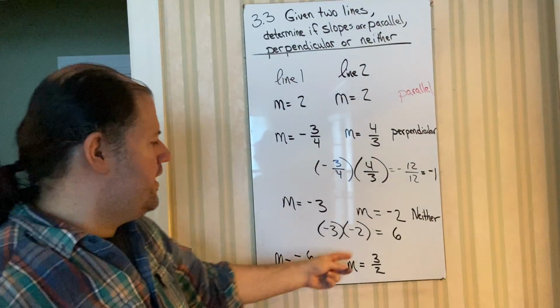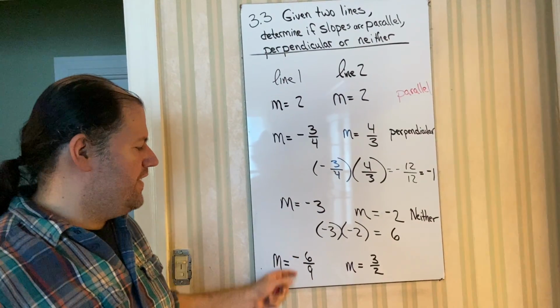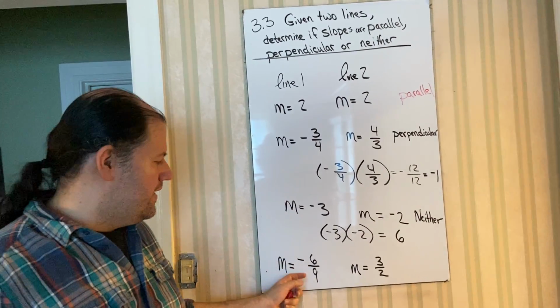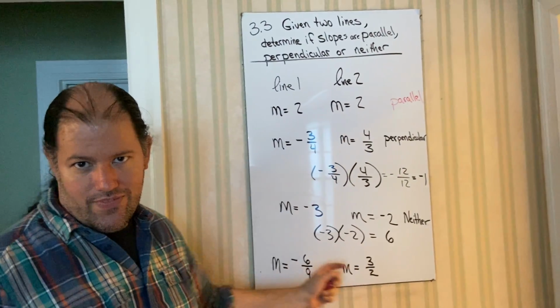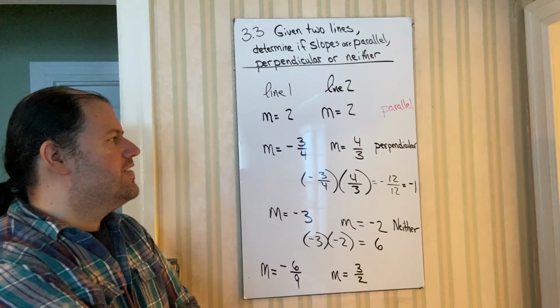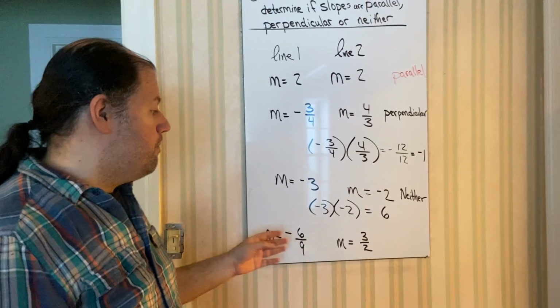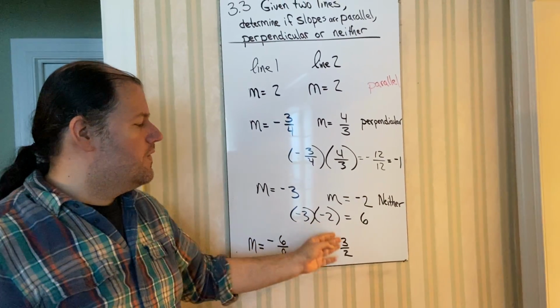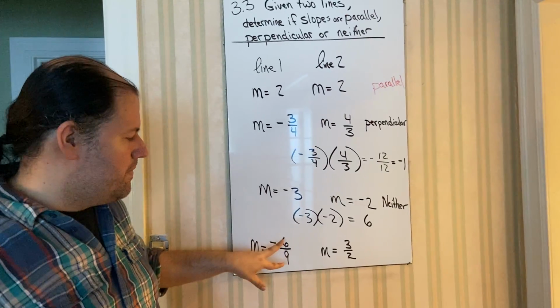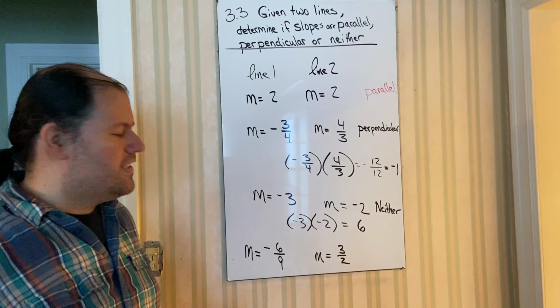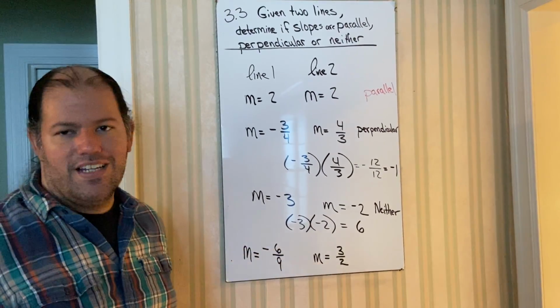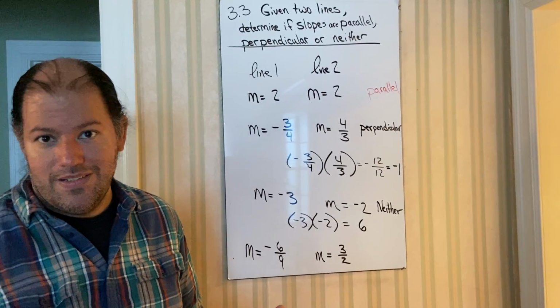We know that 3/2 is not the same thing as -6/9. They don't even have the same sign. Now ask yourself, are they perpendicular? Be careful. Perpendicular, some people say, oh, the reciprocal of this is 9/6. This is not 9/6, so it's neither.